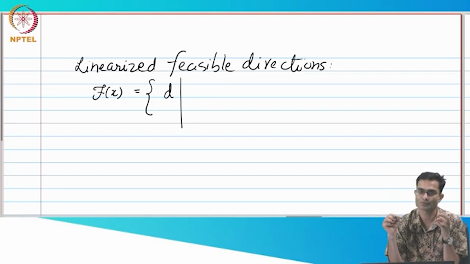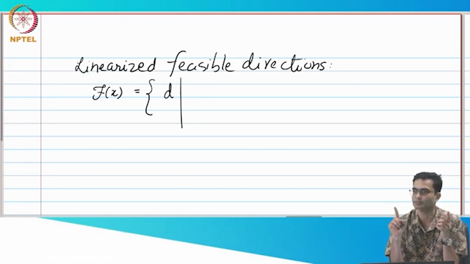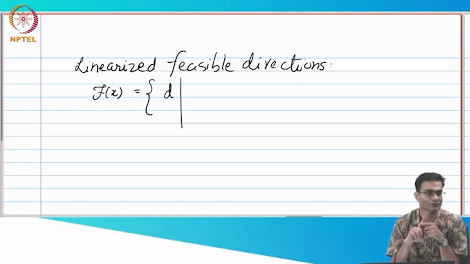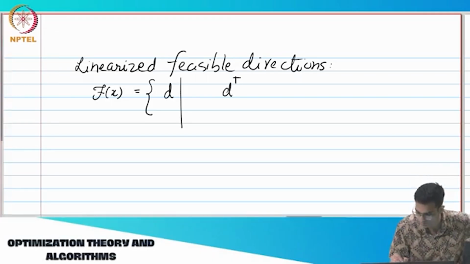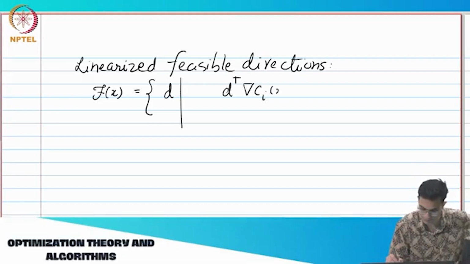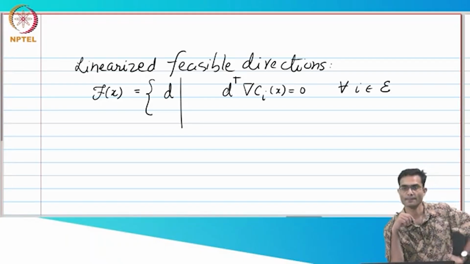Look back at your notes. Greater than 0, less than 0, equal to 0 for an equality constraint. It was actually equal to 0, right? So d transpose grad C_i of x is equal to 0 for all i belonging to the equality set, right?